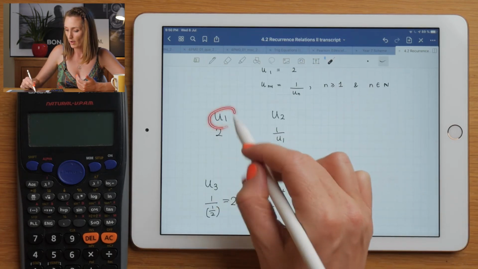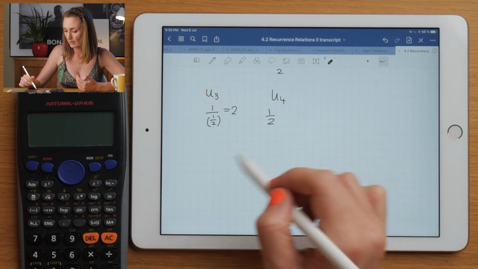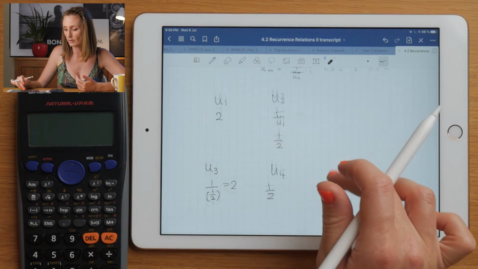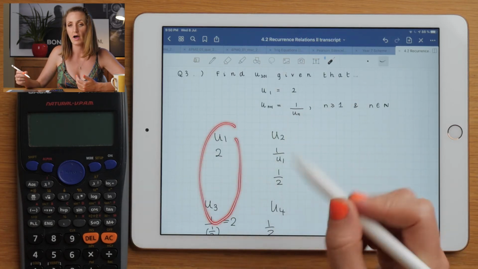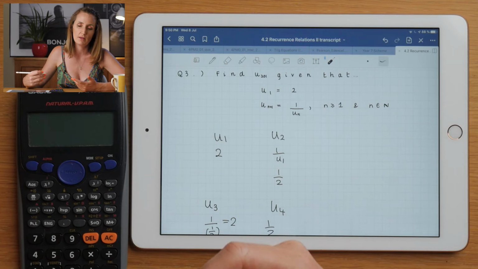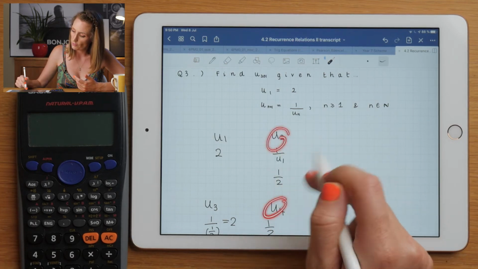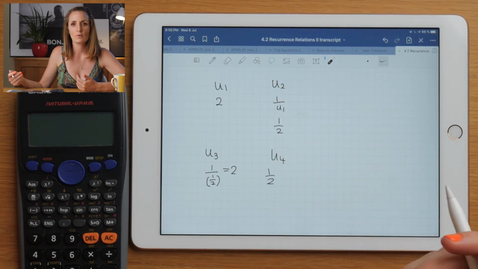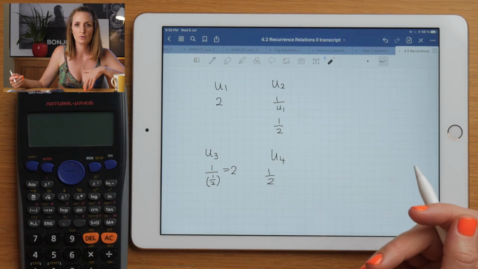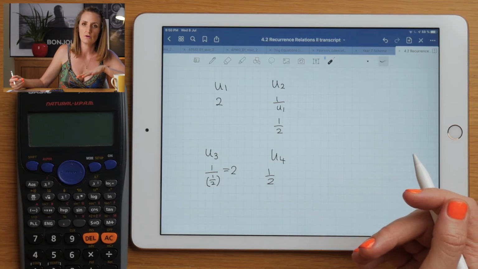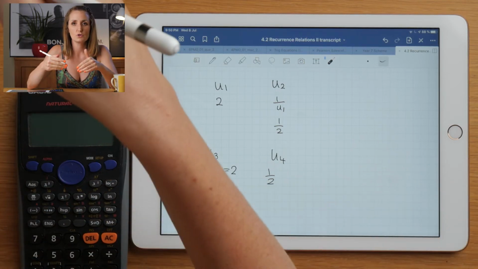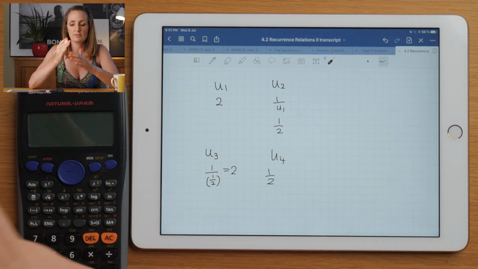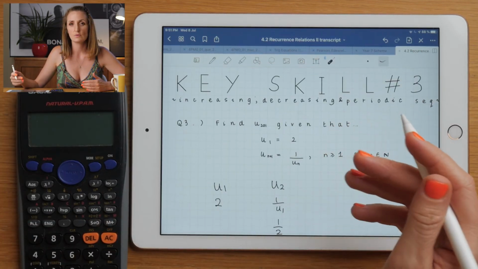Well, 1, 3, the next one would be 5, would be all the odd numbers, or the numbers that divide by 2 and leave a remainder of 1. And 2, 4, 6, 8 would be all the numbers that can be divided by 2 and leave a remainder of 0.